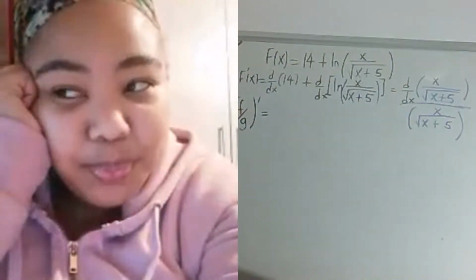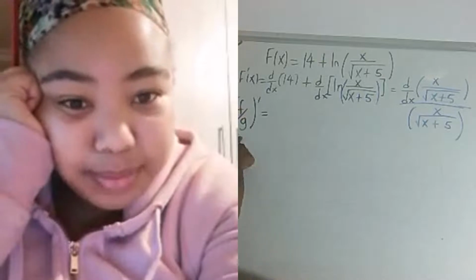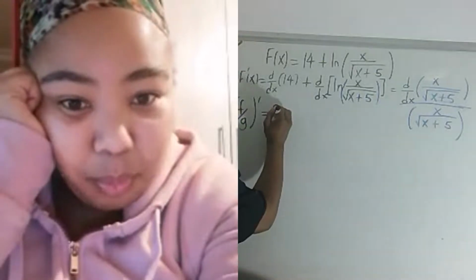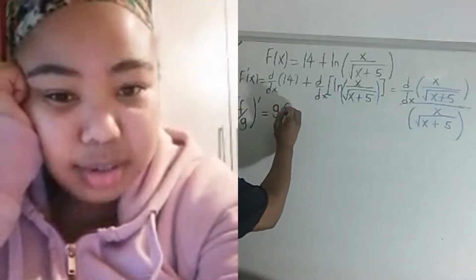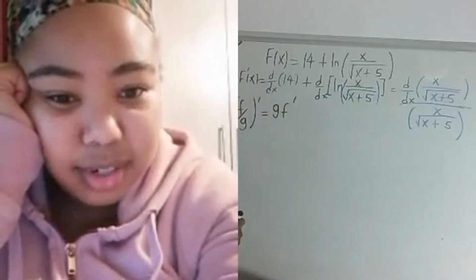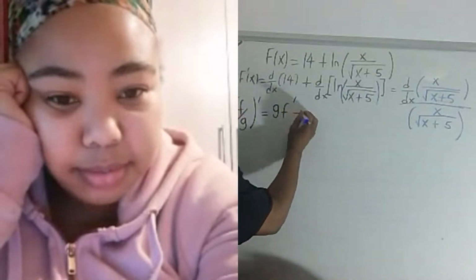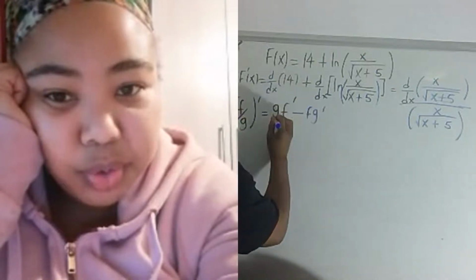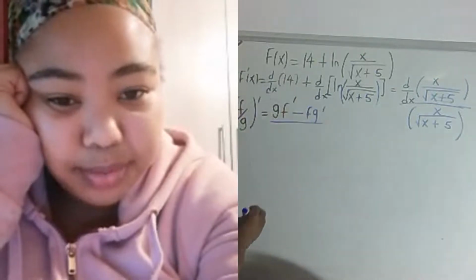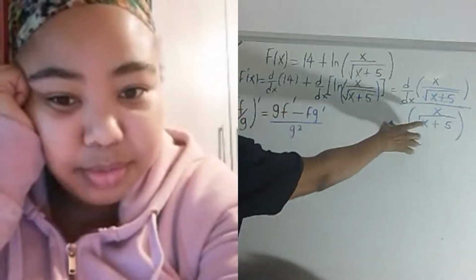So your second function g stays constant, and then you differentiate your f. And then you minus your f constant, and you differentiate your g, over g squared. So we're going to do the same thing here.